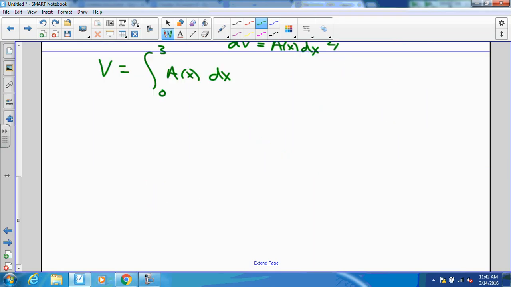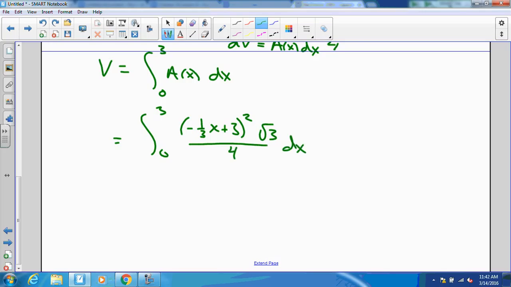So it's just a matter now of substituting the area and integrating. Any ideas for integration?